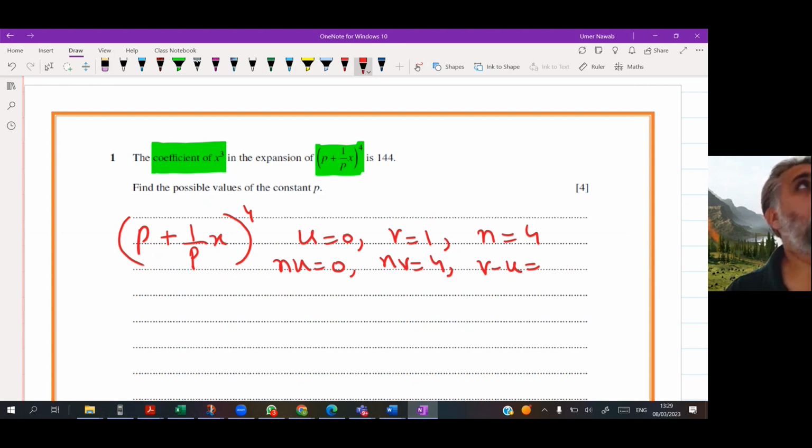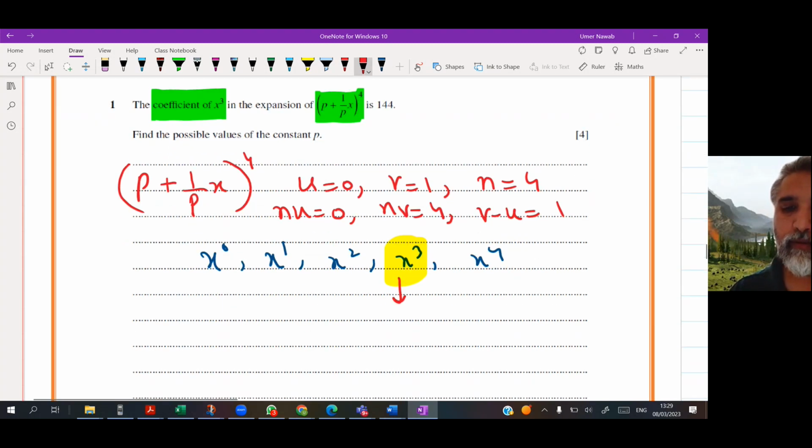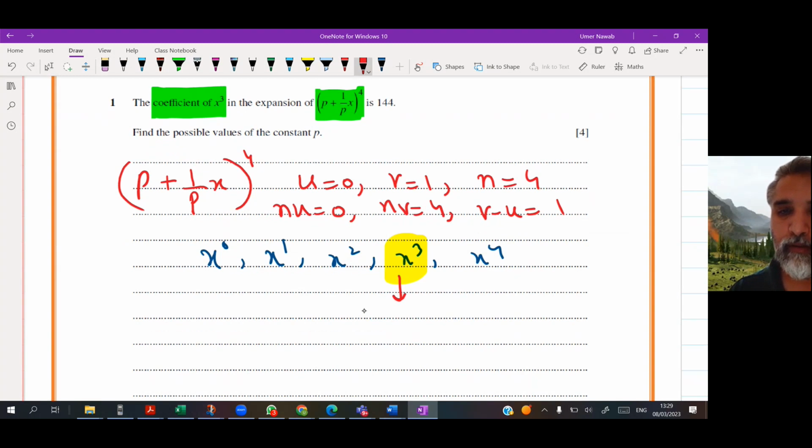V minus u is 1. Powers of x are 0, 1, 2, 3, 4. We are looking for x cubed, which is 4C3 times p times 1 over p cubed.